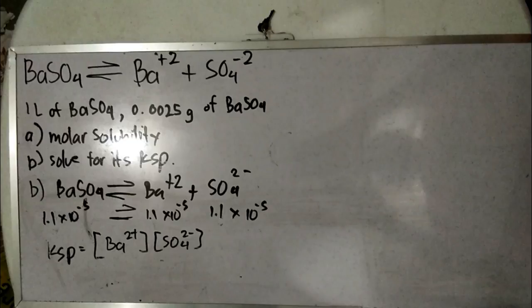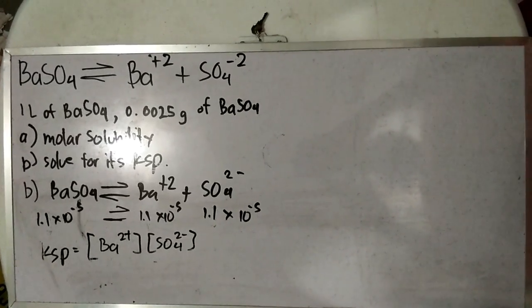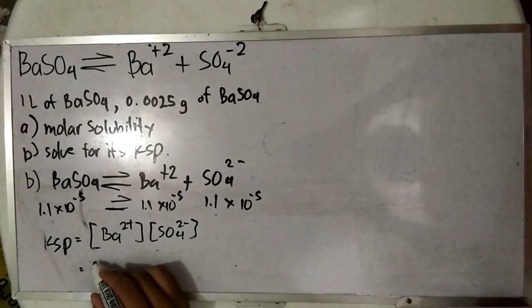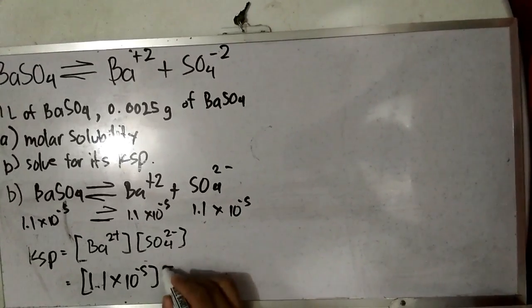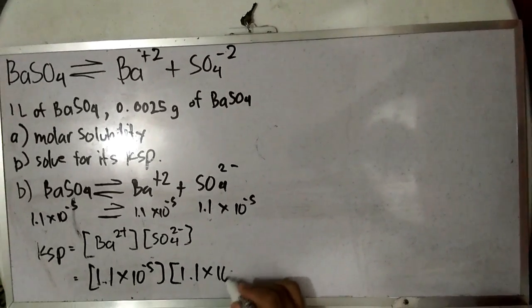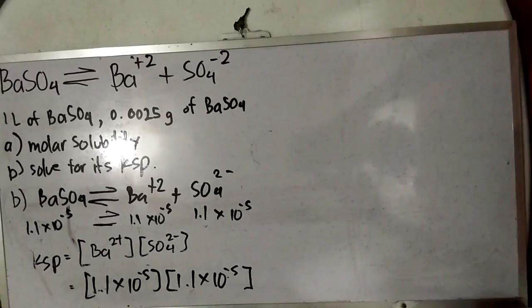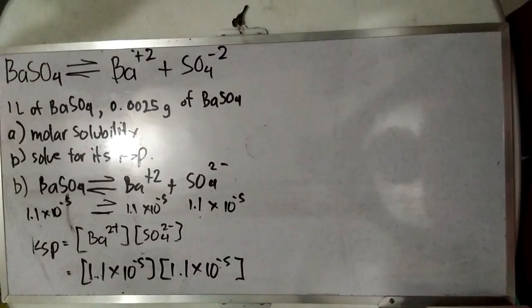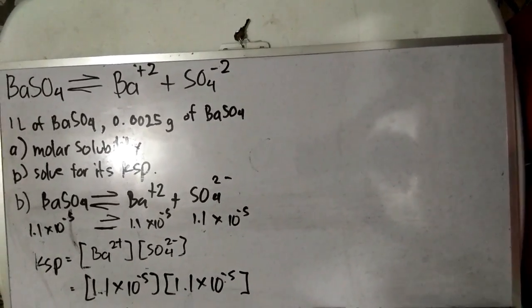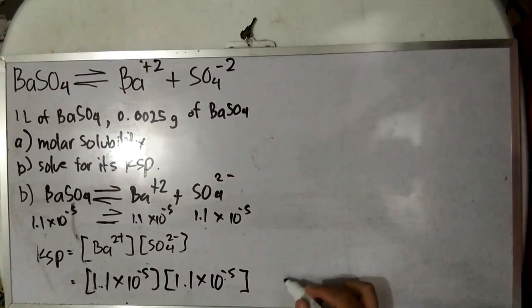And as we have done earlier, the KSP expression for barium sulfate would be Ba2+ times sulfate 2-. By substituting the concentrations, KSP would be 1.1 times 10 raised to negative 5 times 1.1 times 10 raised to negative 5, which would give us an answer of 1.2 times 10 raised to negative 10.